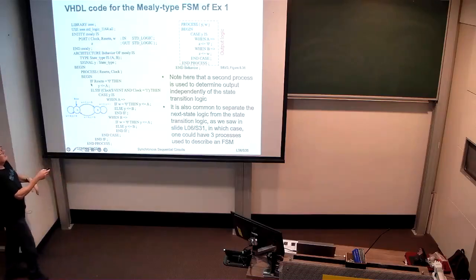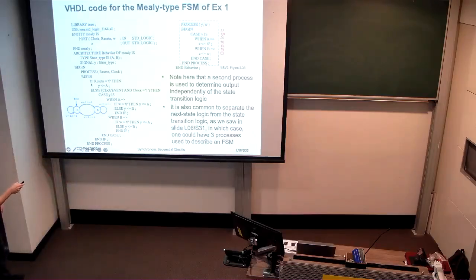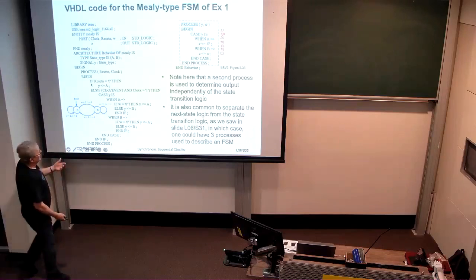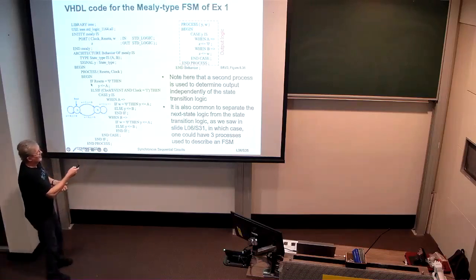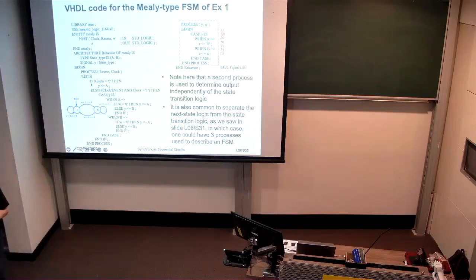But there's a second process in this design that's been defined for the output logic. It's probably a bit of an overkill. It's not really necessary to have a process to do this because a gate would have probably been enough. Well, we need to know what state we're in, but you could have written this as a single select statement still.